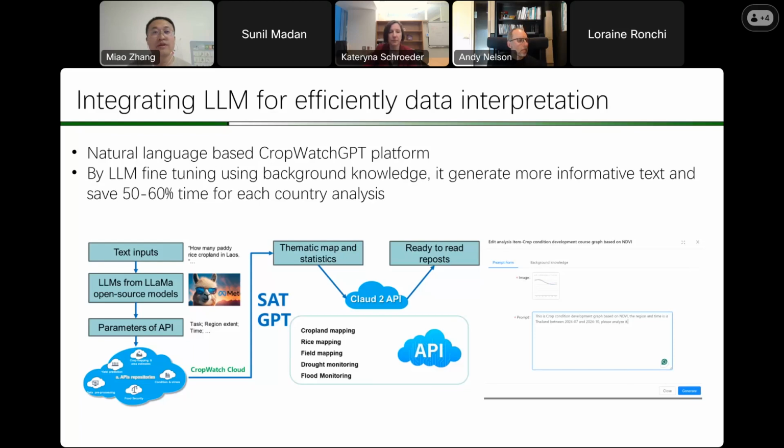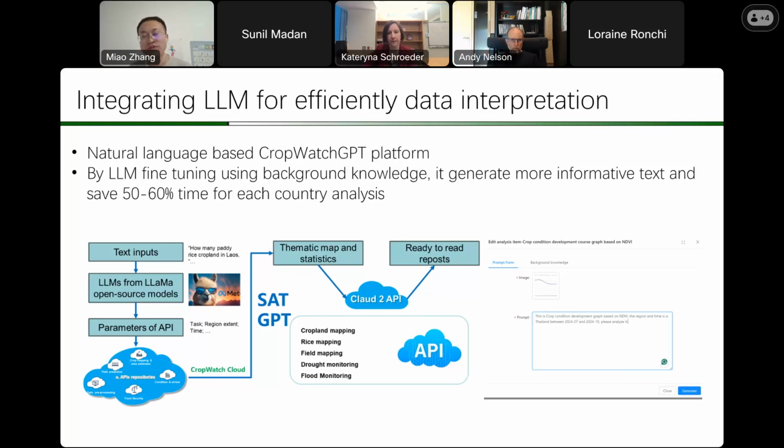And the large language model is not only embedded to provide this kind of small scale information, but also used to interpret the remote sensing based maps, graphs and tables to automatically generate crop analytical text. For each country, it takes less than 1 minute to automatically generate crop analysis reports.